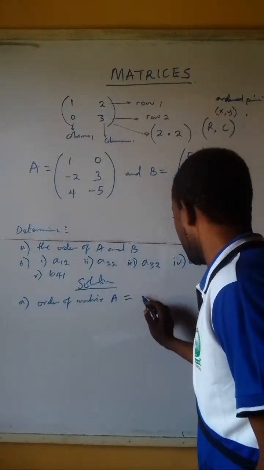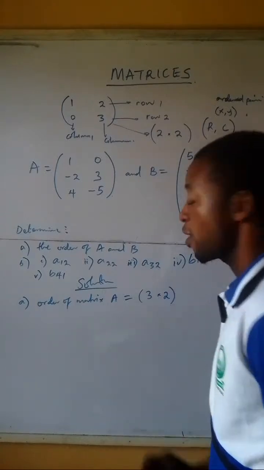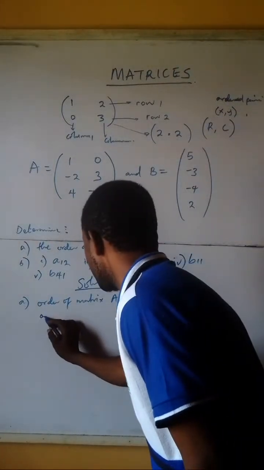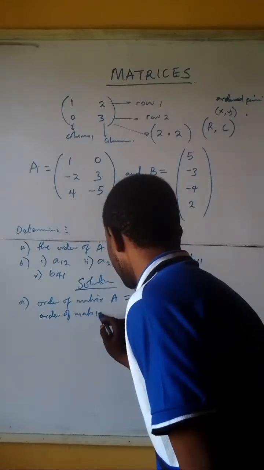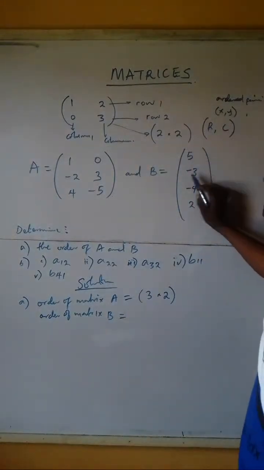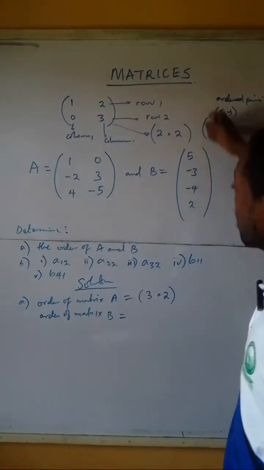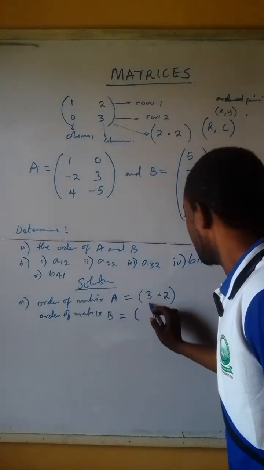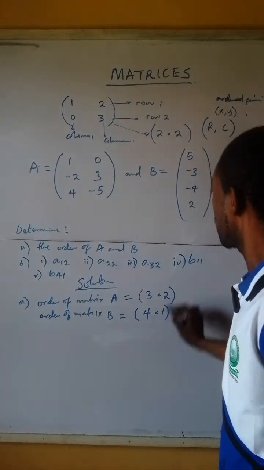So order of matrix A equals 3 by 2 matrix. Then for B, order of matrix B, here we have 1, 2, 3, 4. We have 4 rows here in this matrix B, and we only have one column. So the order should be 4 by 1. That's 4 rows and 1 column.